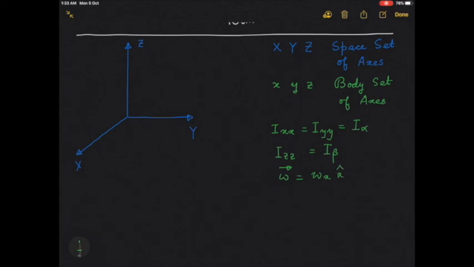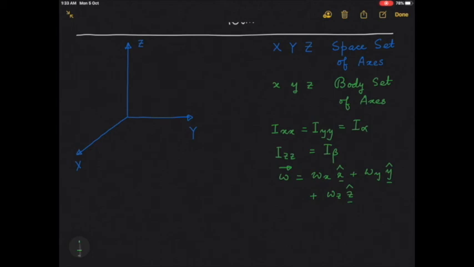I'm sorry, omega is the instantaneous angular velocity, not the angular momentum. So x cap, y cap and z cap are the instantaneous directions, and omega x, omega y, omega z are the components along the body set of axis.